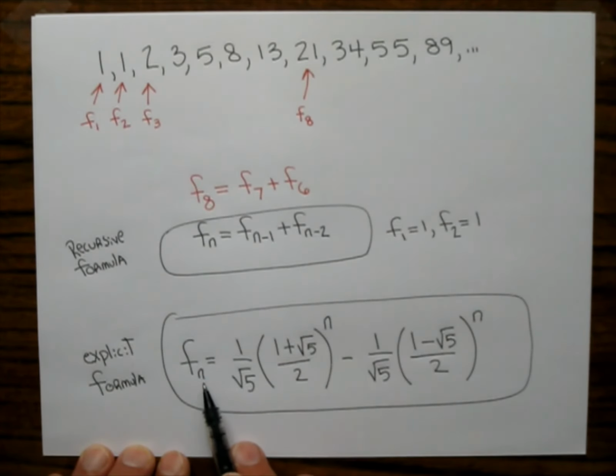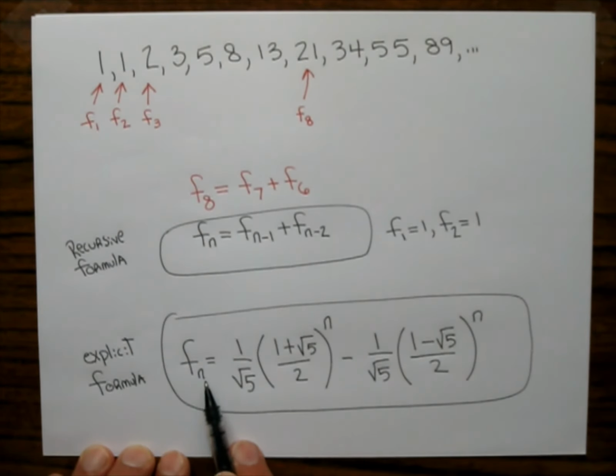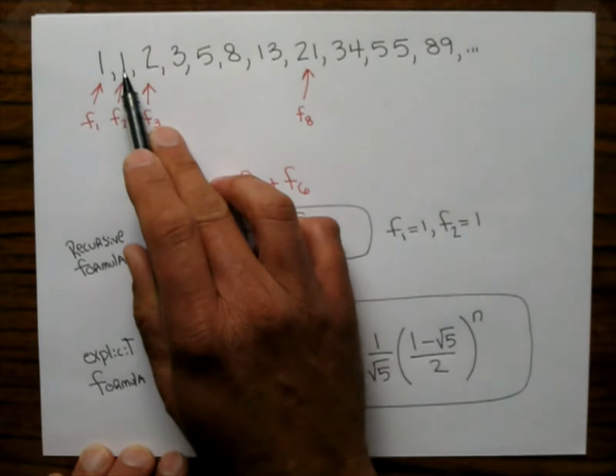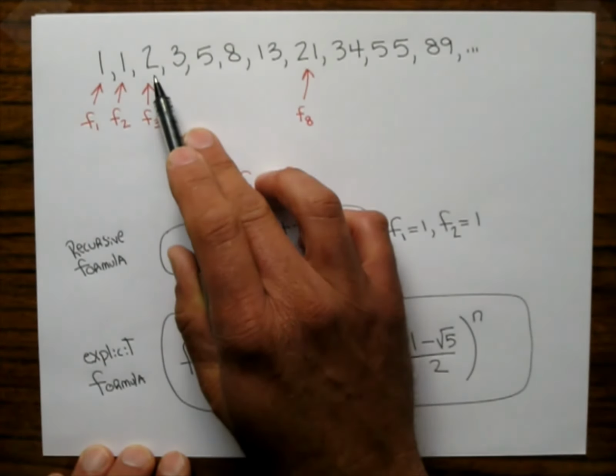So F1, when you put 1 into the right-hand side of this formula, you will get 1. And when you put 2 in for n, there's going to be more algebra, and when all the dust is settled, you get 1. You put 3 into the formula, this thing will eventually, when it's all simplified, give you exactly 2.